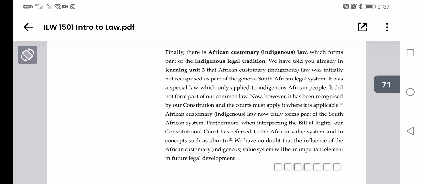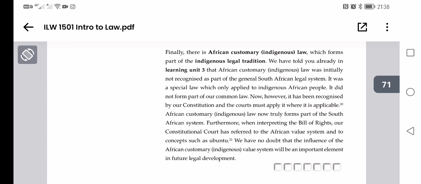It was a special law which only applied to indigenous African people. It did not form part of our common law. Now, however, it has been recognized by our Constitution, and the court must apply it where it is applicable. African customary or indigenous law now truly forms part of the South African system.